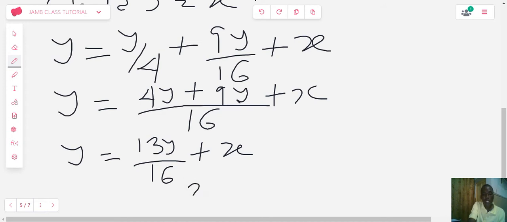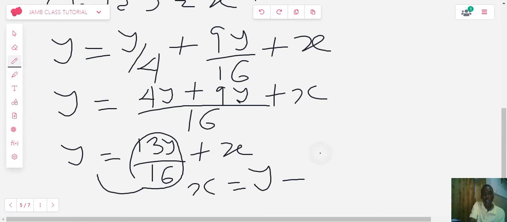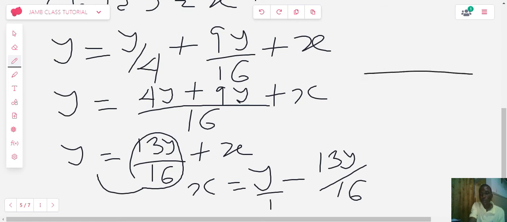So our x will be equal to, if this value crosses over the equal sign, y minus 13y over 16. So we are going to look for the LCM of this.